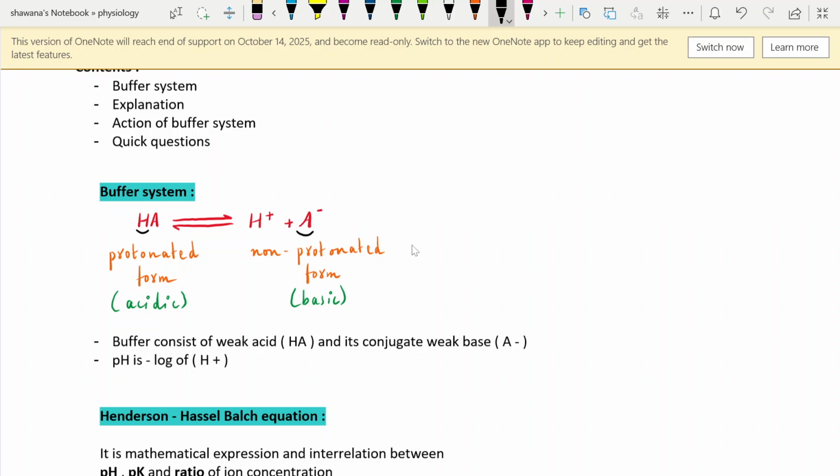And we have discussed that pH is basically the negative log of hydrogen ion concentration. pH is equal to negative log of hydrogen ion concentration.